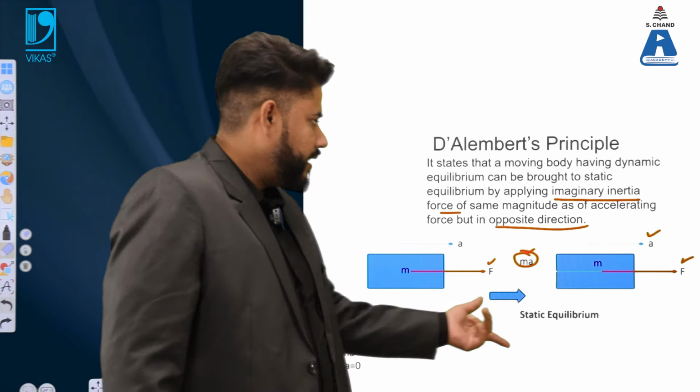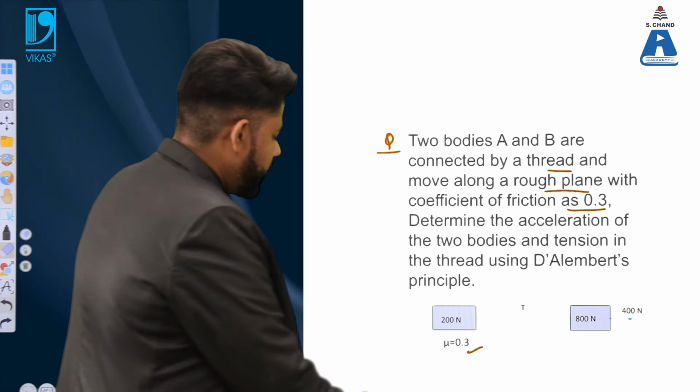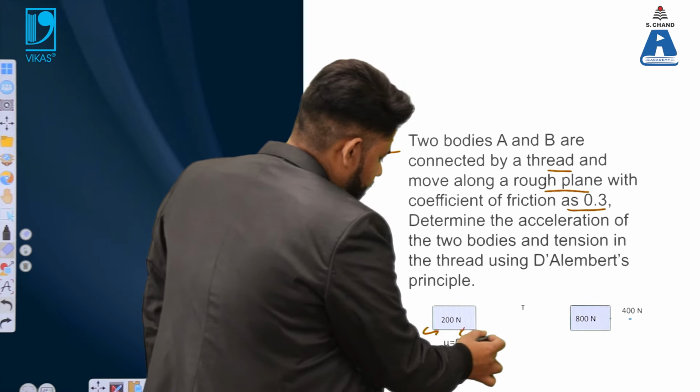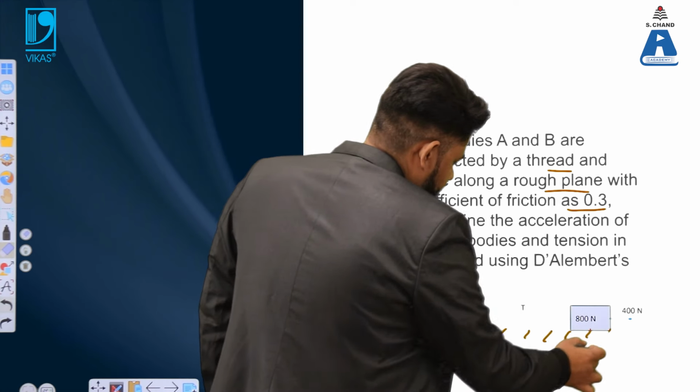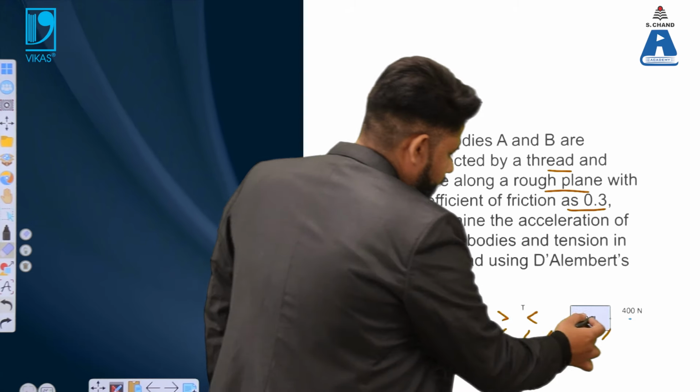The numerical problem states that there are two bodies A and B, and they are connected by a thread. That body moves on a rough plane, and that rough plane has a coefficient of friction of 0.3, and there must be certain tensions involved.